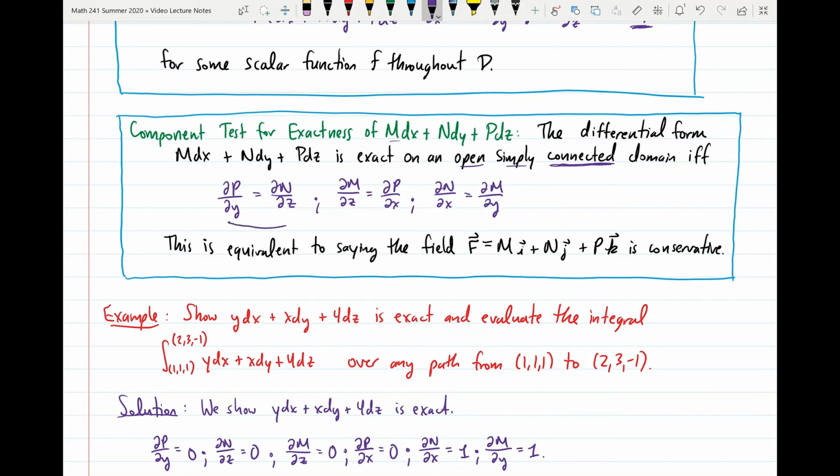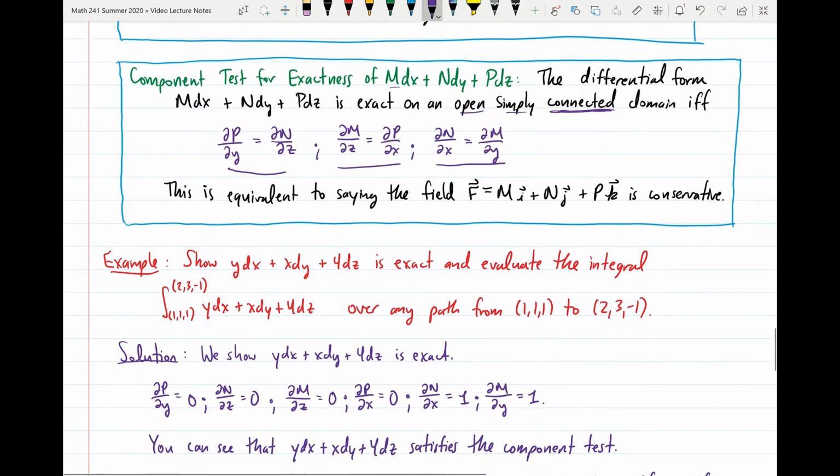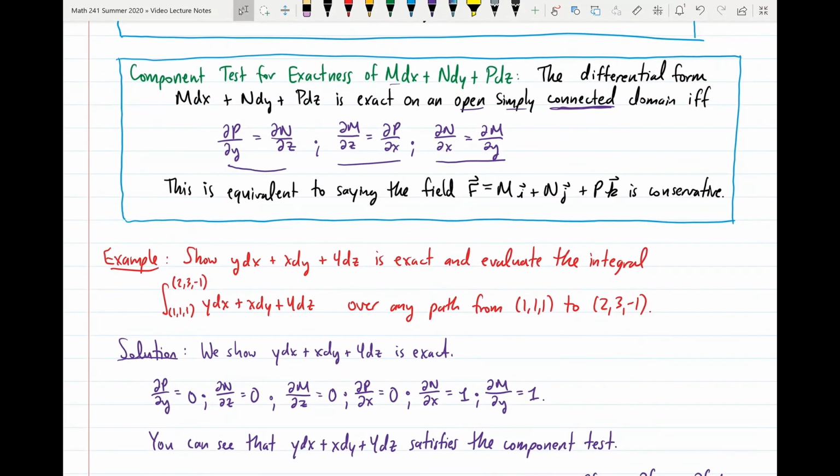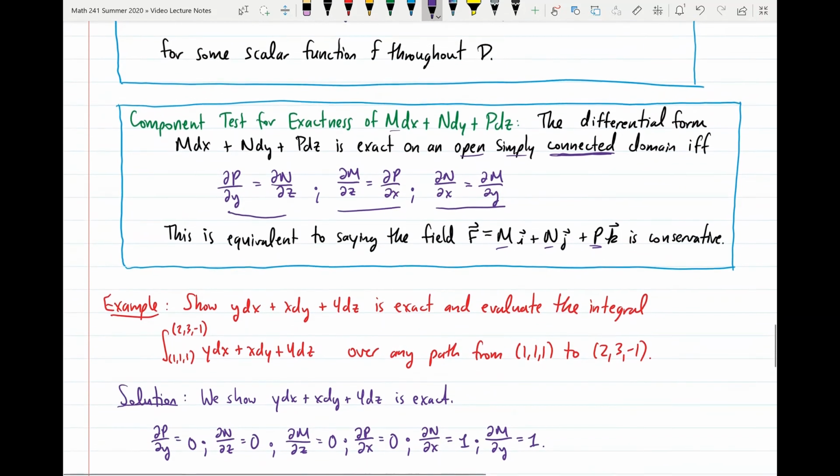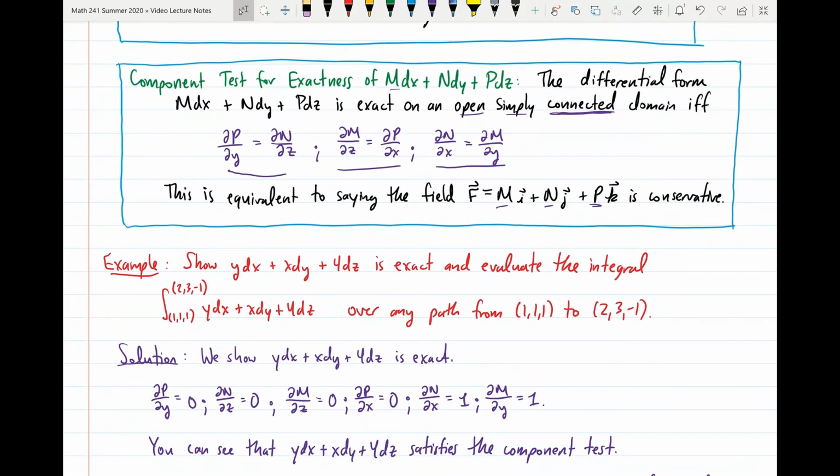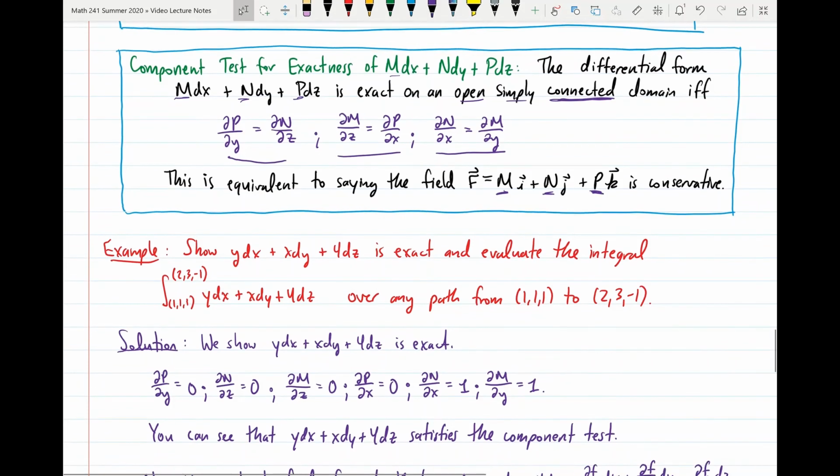And we have the same equations that we had for the component test for conservative vector fields. This is equivalent to saying that the vector field composed of the component functions m, n, and p is conservative. So that's why the component tests look so similar to one another, because we can take these functions m, n, and p and use them to create a conservative vector field, as long as these equations are satisfied.